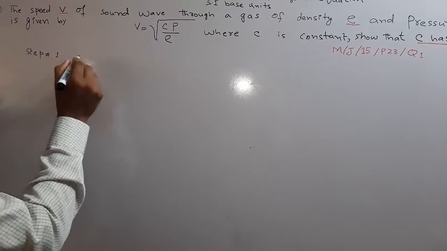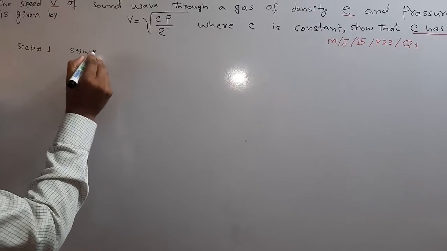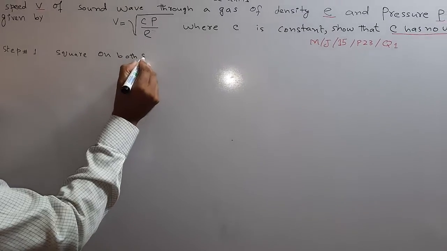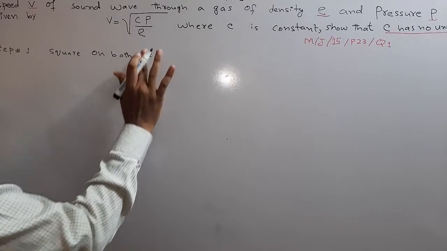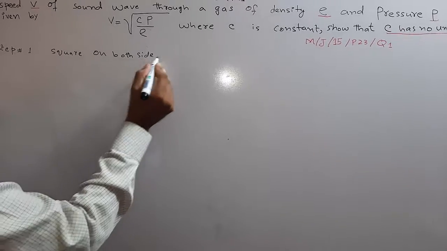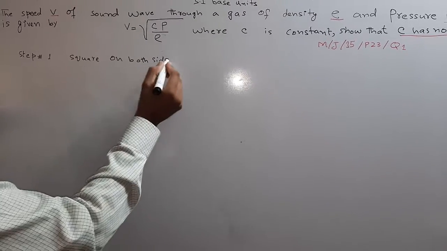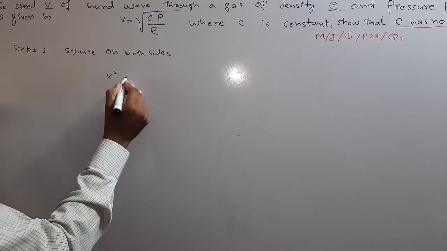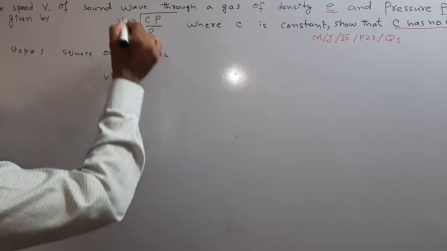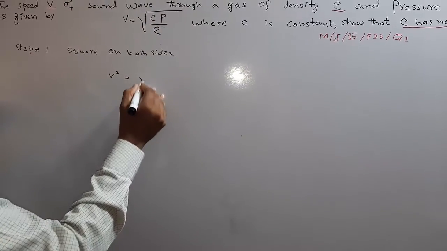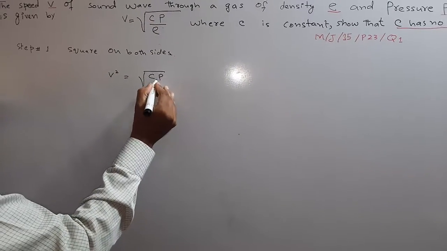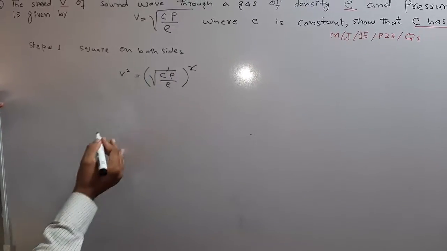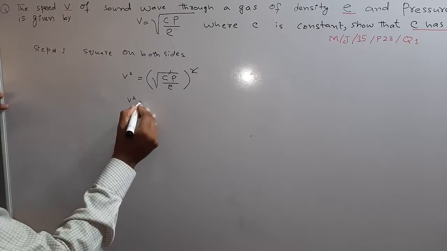So in the first step we are going to square both sides so that we can make C the subject. After squaring both sides, you can see that the left side becomes V square, and on the right we have the square root of Cp over rho.